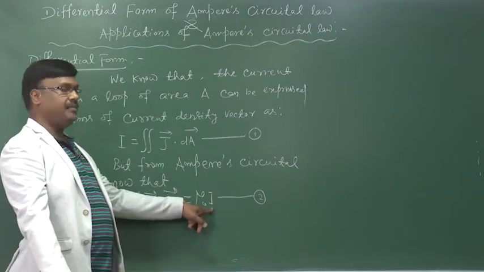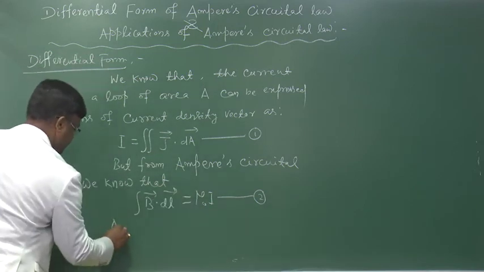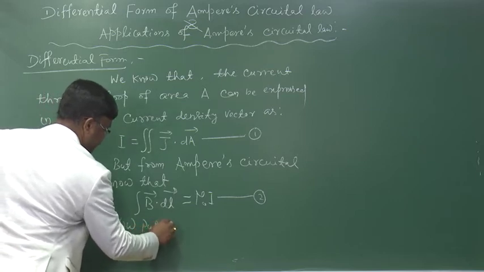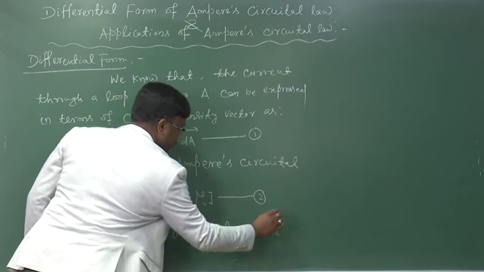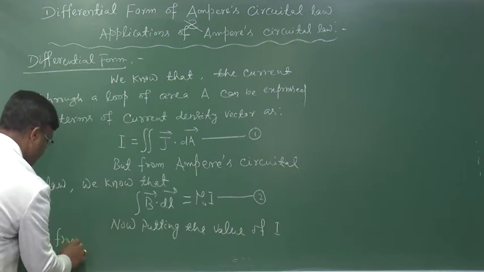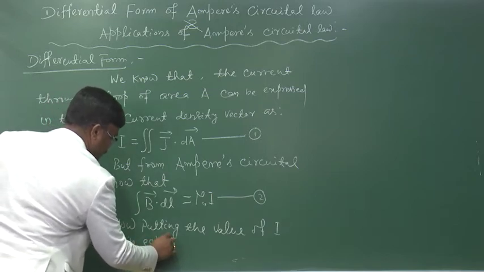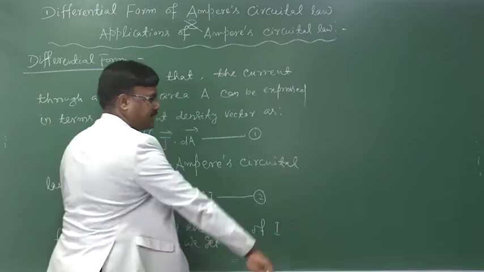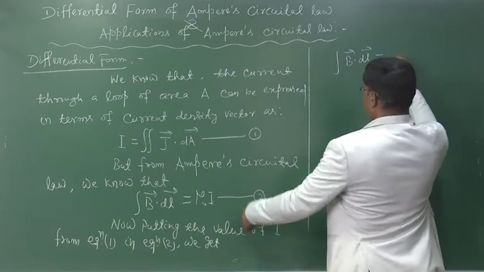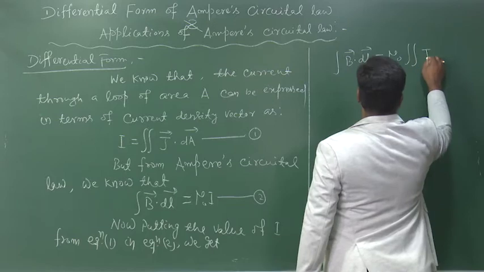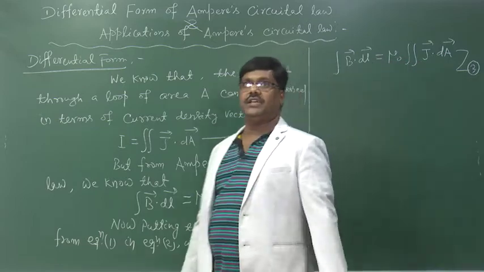Now, putting the value of I from equation 1 in equation 2, we get the integration of B vector dot dl vector equal to mu 0 times the surface integration of J dot dA. This is equation number 3.